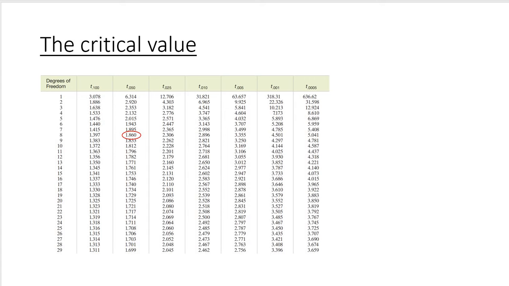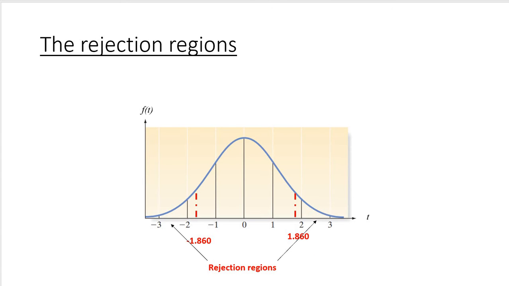We have 8 degrees of freedom, so the critical value is 1.86. We design the rejection regions. Because we perform a two-tailed test, the first rejection region is everything to the right of 1.86 and everything to the left of negative 1.86.